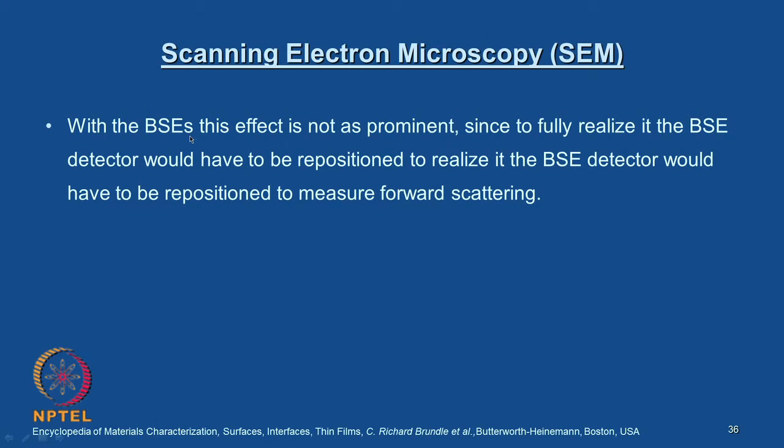With the backscattered electrons, this effect is not as prominent, since to fully realize it, the backscattered electron detector would have to be repositioned to measure the forward scattering. This is an operation detail for detecting this signal. We will see how it is actually done in the lab.